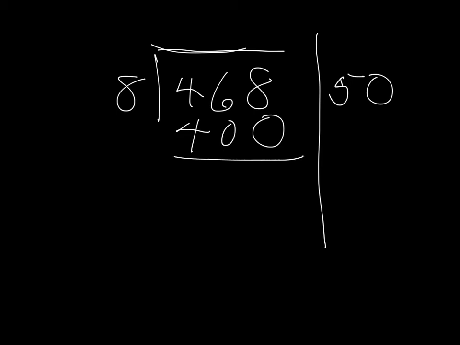And then the next step, in step 4, you would subtract and bring down the 68. 468 minus 400. And that would be the end of steps 3 and 4.